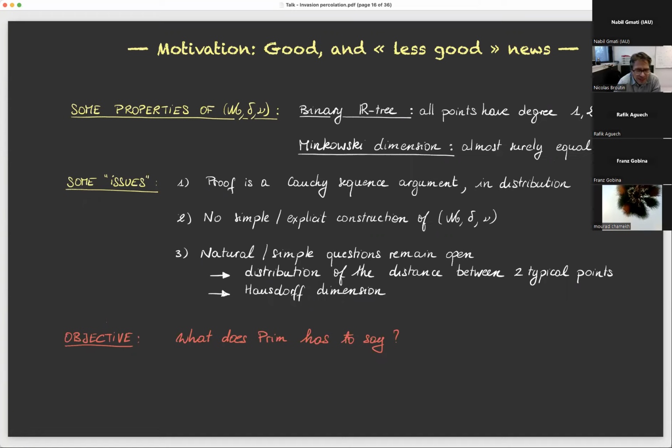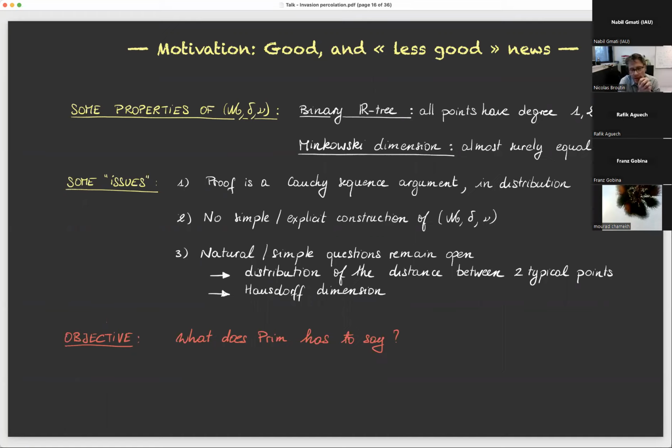The second thing is that the proof is a Cauchy sequence argument in distribution, for the laws, which means that there's no simple or explicit construction for the limit. The only thing we know is that it is not trivial. We didn't divide by too much, so it's not a point.